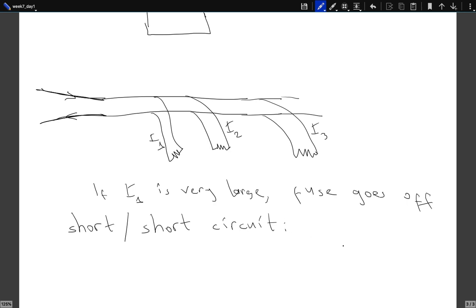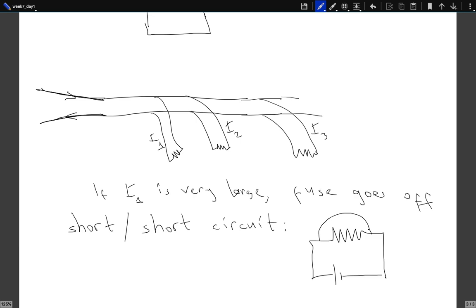Now, a short is essentially when, let's say, this is your circuit, whatever resistance it has, but for some reason some wires just touch each other, in a sense bypassing this resistance.